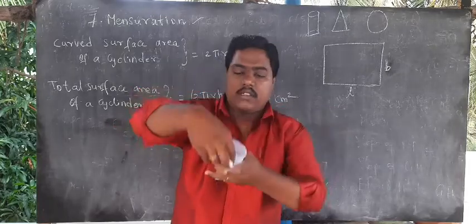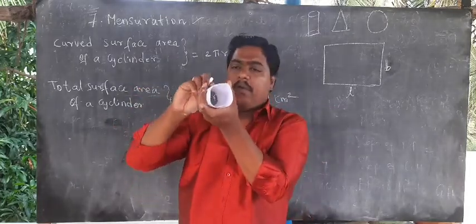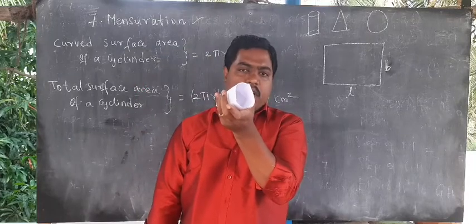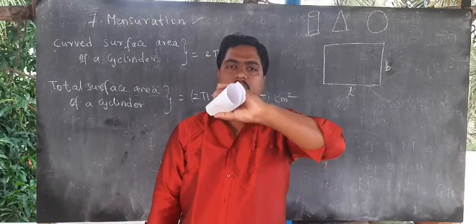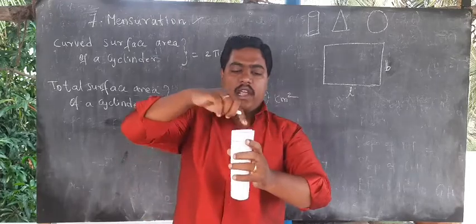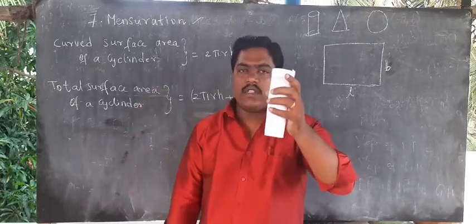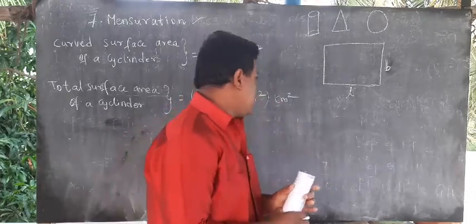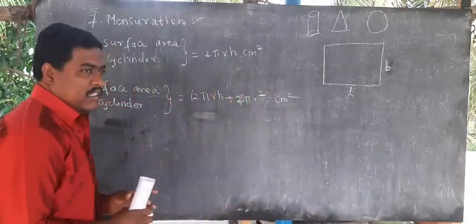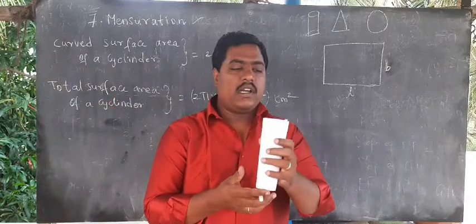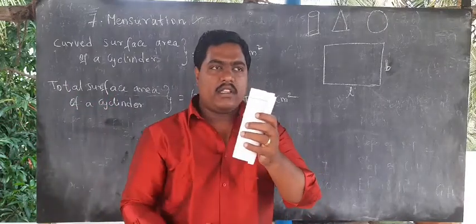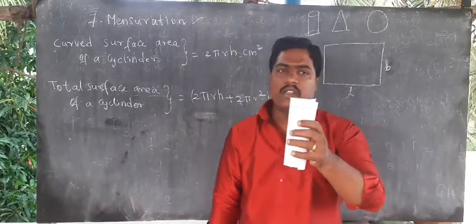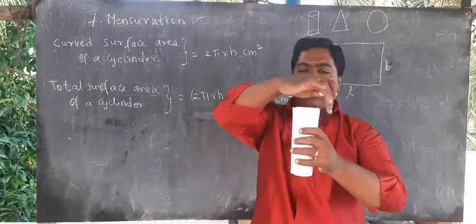Top and bottom we have the circular shape. CSA means the covered area, the curved surface area. Which one is covered? The cylinder.